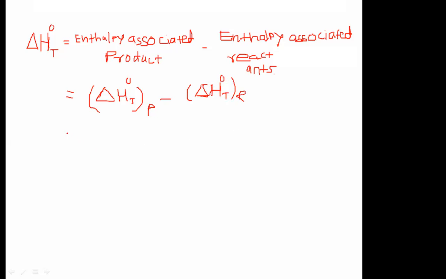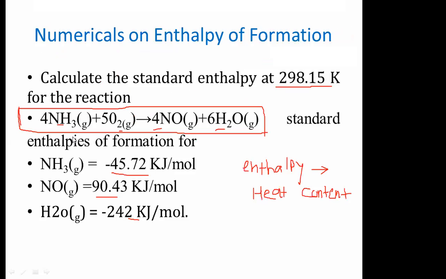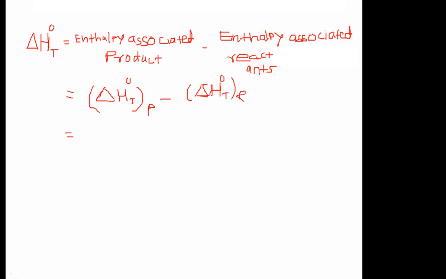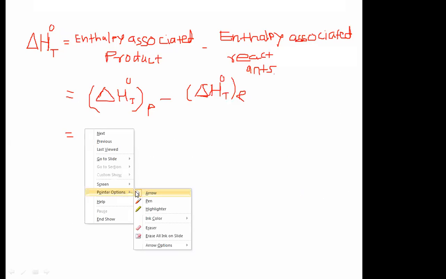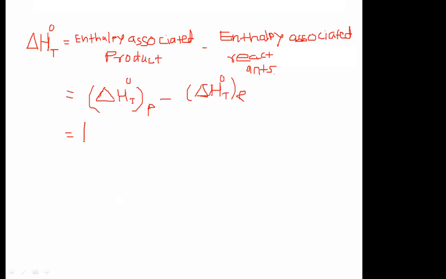Okay, and now is equal to, what are the products now? Here we have to go for product. So here 4 into formation enthalpy of NO. So we will go for square bracketing. 4 into NO is the product. 4 into product enthalpy of NO gases.